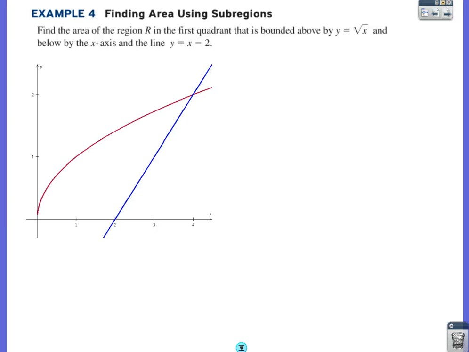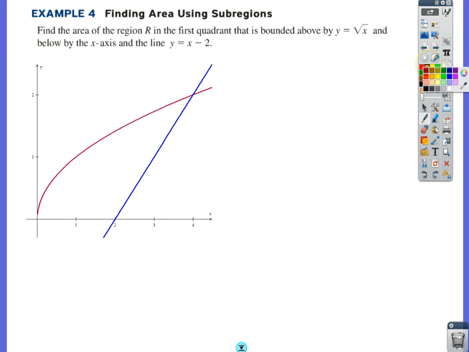A lot of people will come here and say, well, just so we're clear, this one right here is y is equal to the square root of x, and this one here is y is equal to x minus 2. And you would say, well, the square root of x is always on top, so square root of x minus 2. And that would be true if I was going all the way over to here.